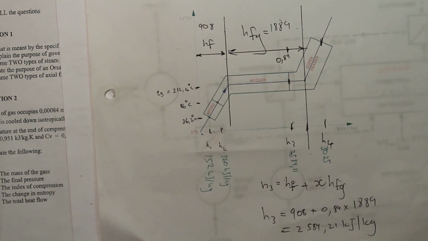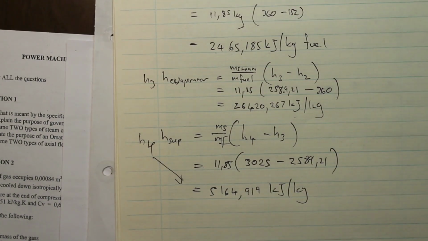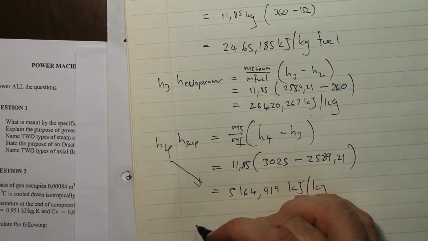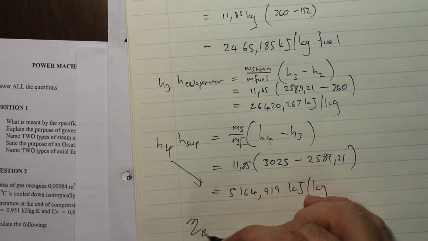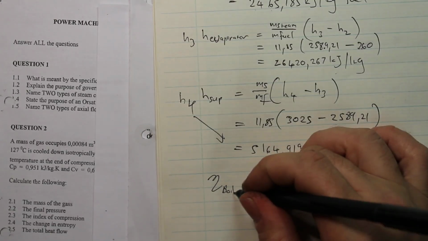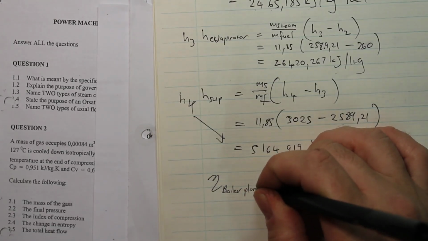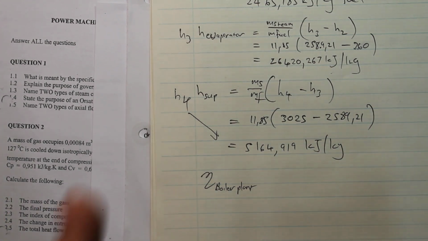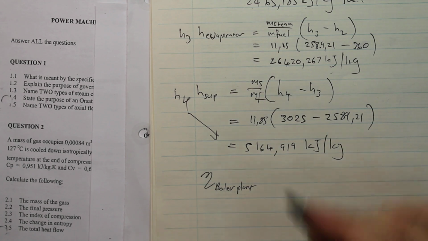So they ask us for two more things. Okay, let's just do the efficiency. Okay, so efficiency. We got the efficiency of the boiler plant. Okay. So that's the whole plant, eh? That's the economizer, the evaporator, and the superheater.